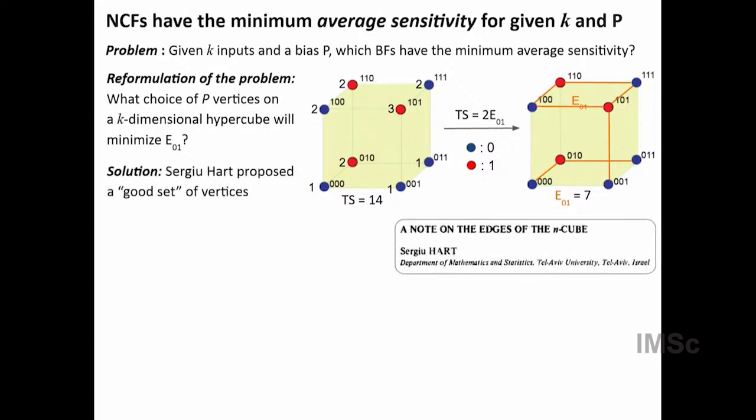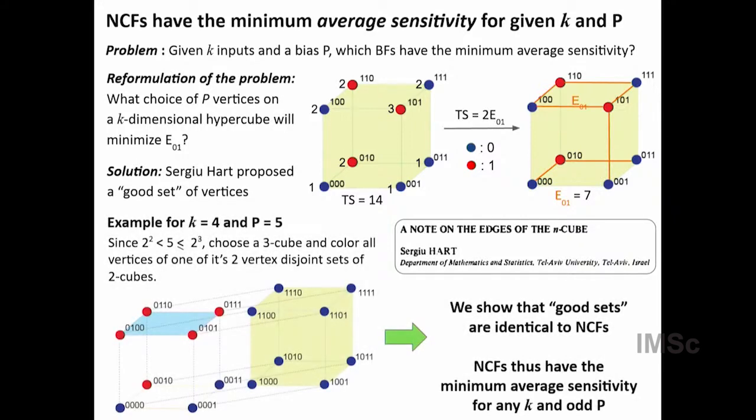But this particular problem we found had been solved in 1976 by Sergiu Hart, in this particular paper called A Note on the Edges of the N-Cube. And he had solved this problem basically, and because that solution was available, all we had to do was to show that the solution he provided was equivalent to an NCF. And that's what we really show. And so his solution is basically called a good set of vertices. So what is a good set of vertices?